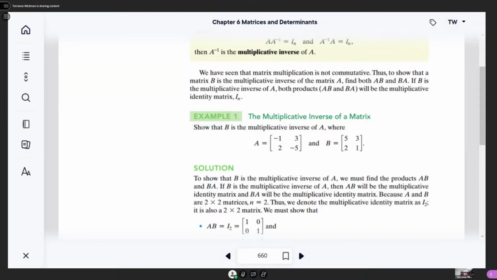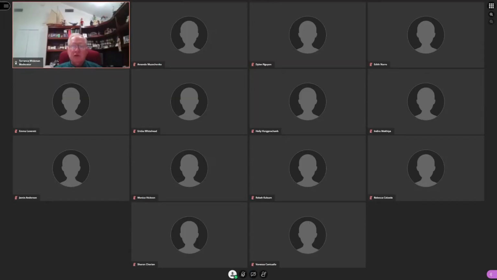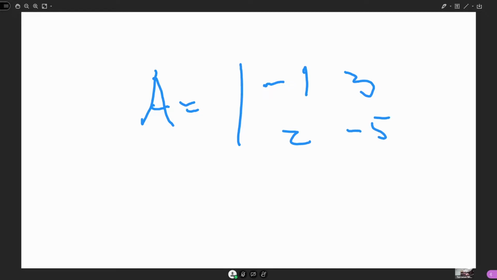It's going to look like this. If I were to show this using our calculator, I'll first put it on the whiteboard. I'm going to call this particular matrix A. It's going to be -1, 3, 2, -5.